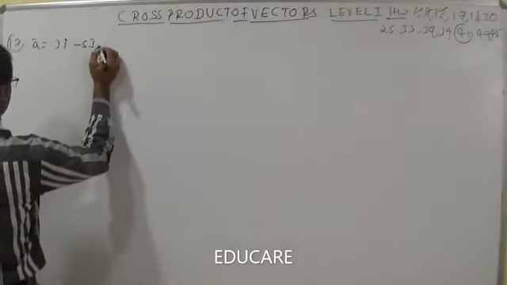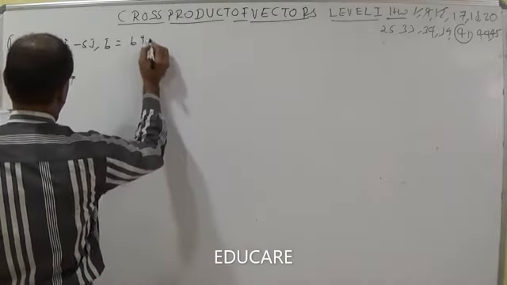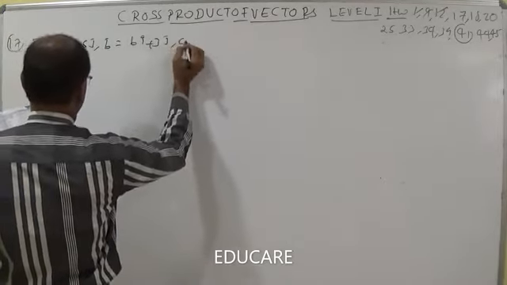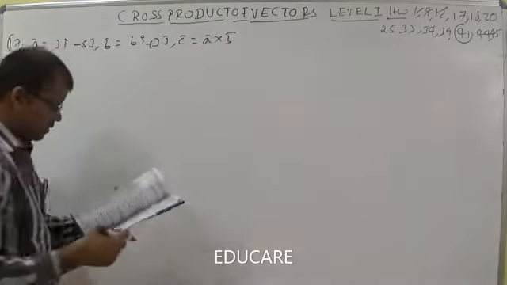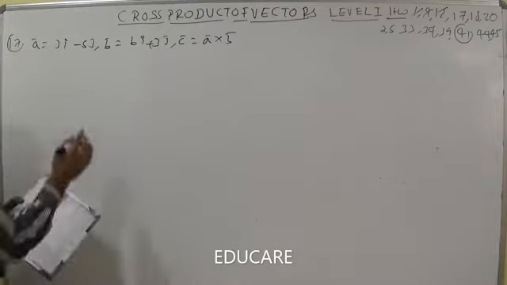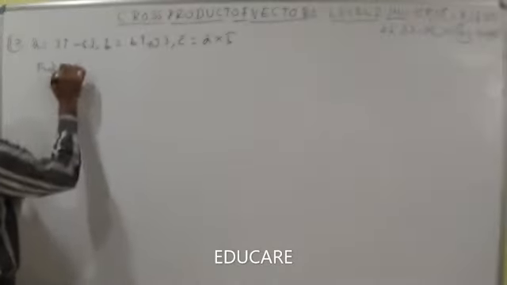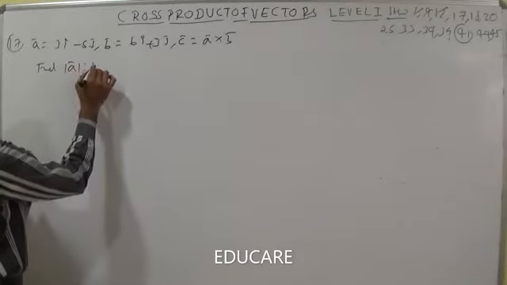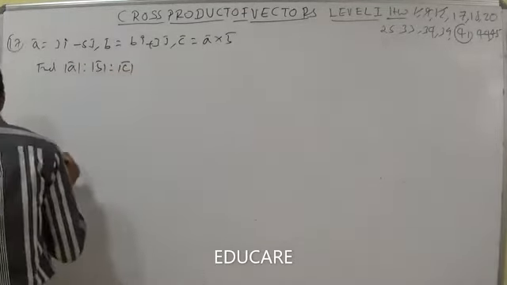Then find modulus of A bar is to modulus of B bar is to modulus of C bar.